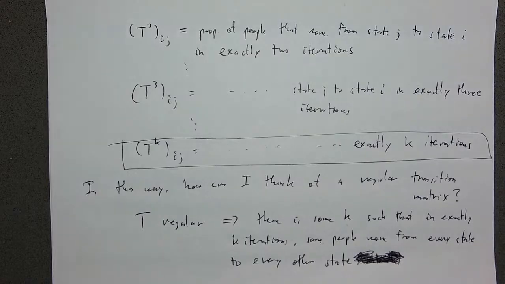Now, the question is, what does this say about my population distribution? Can you say that this means that the population reaches every state from each state eventually?